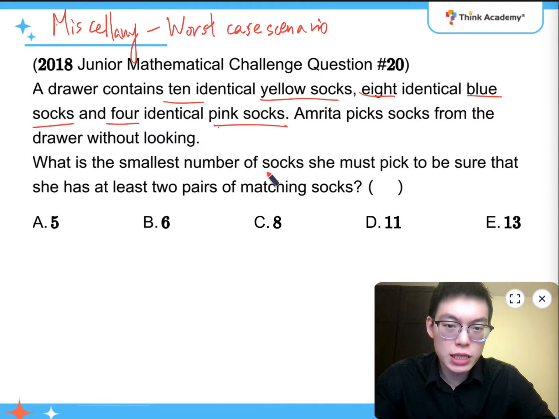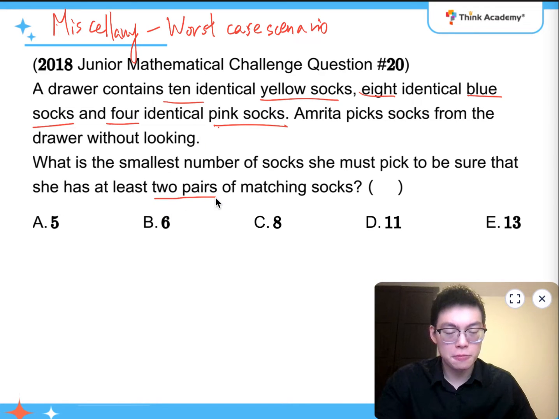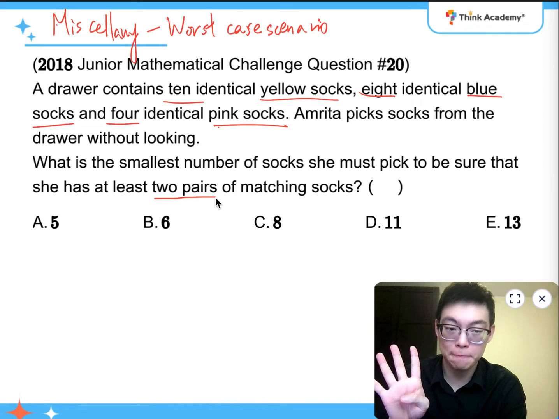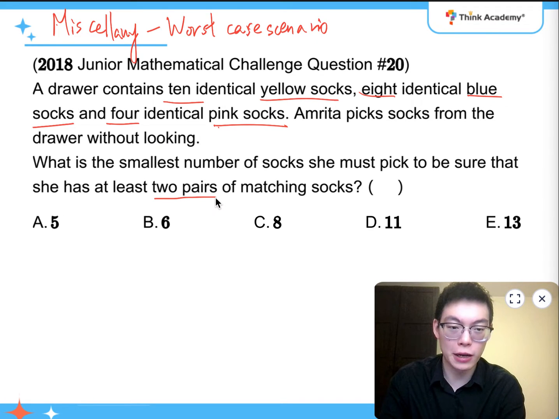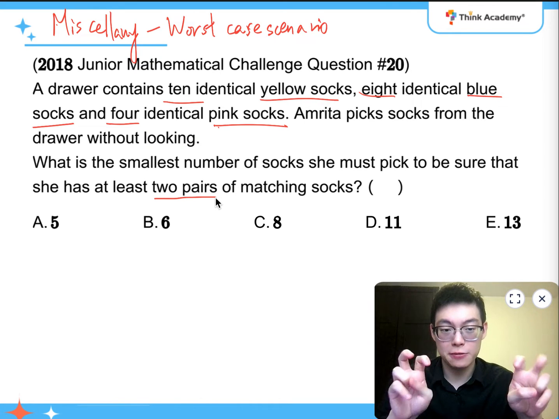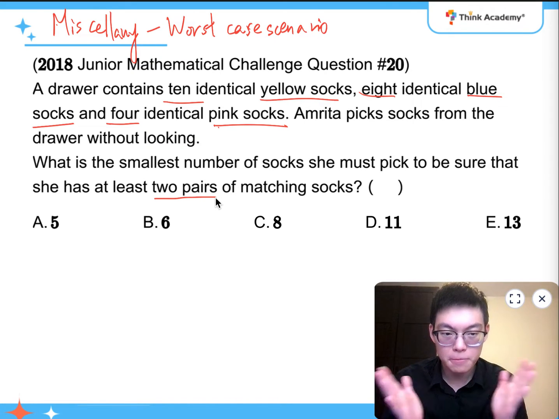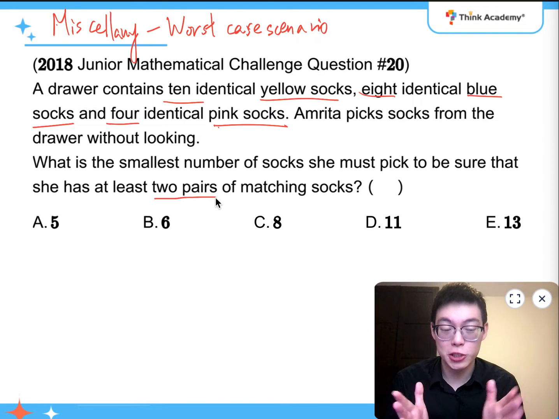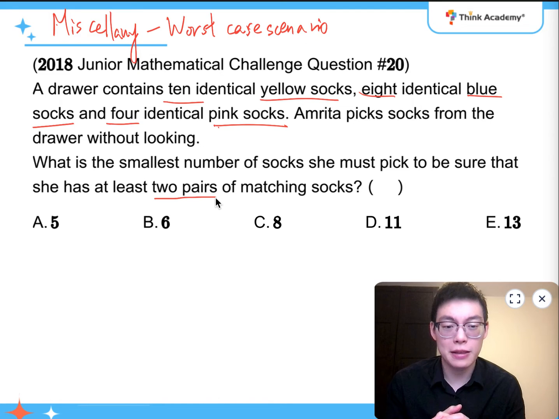What is the smallest number of socks she must pick to make sure that she has at least 2 pairs of matching socks, which means 4 socks of the same color? Does it make sense? Or like 2 pairs of different colors, which means that at least there should be 4 socks, 2 of a kind, right?